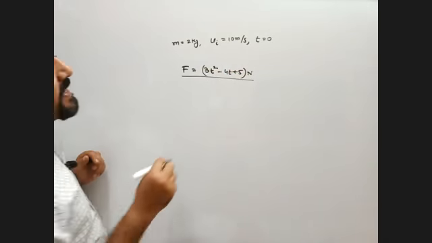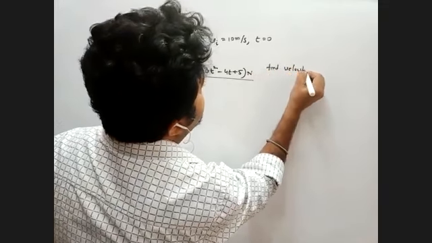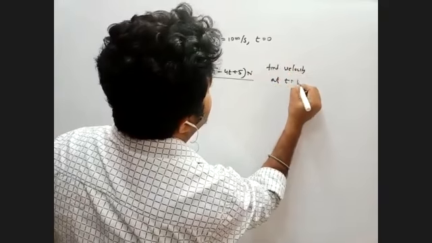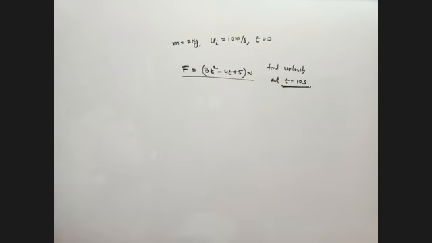The question is that find velocity at t equals 10 seconds. Is it clear, everyone? Yes, sir. So what happened here?